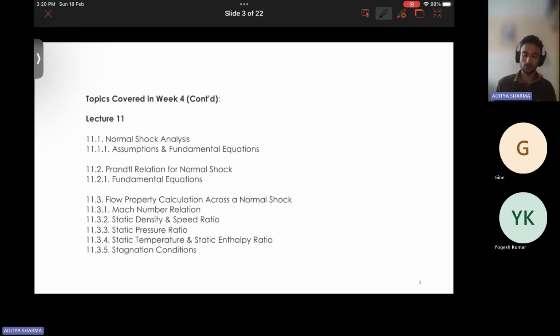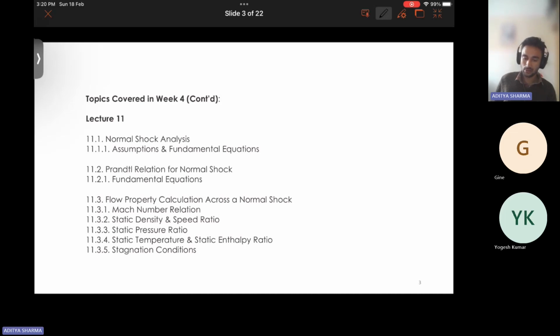All right, then there was lecture 11. There are a total of 2 lectures in this fourth week's content. So lecture 11. The first topic in lecture 11 is normal shock analysis. Here we are trying to analyze normal shocks: the different properties, and what changes in those properties of a flow are encountered when the flow comes across a normal shock.